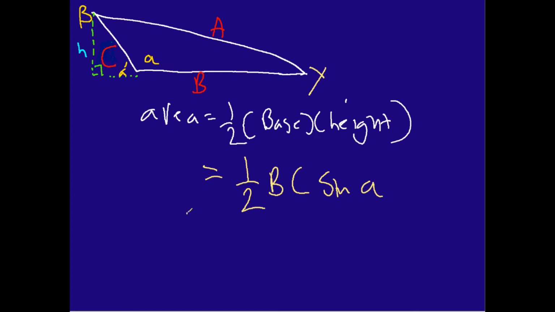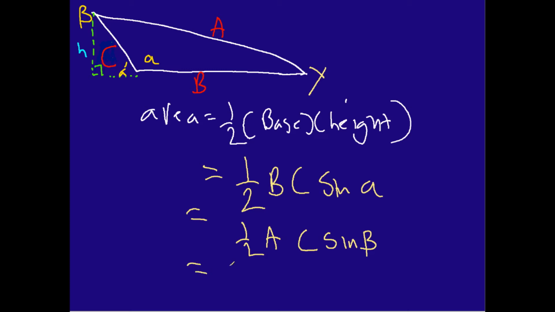And if I continue with that line of thought, if I use 1/2 times a times c times sine of beta, since I'm using sides A and C, I now use angle beta.